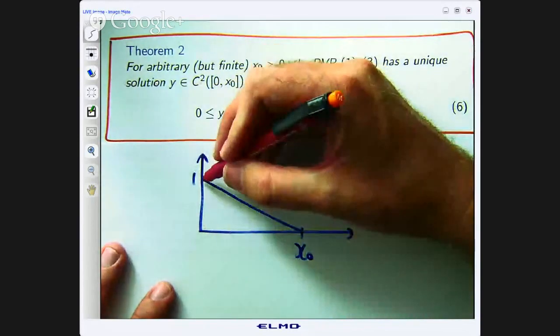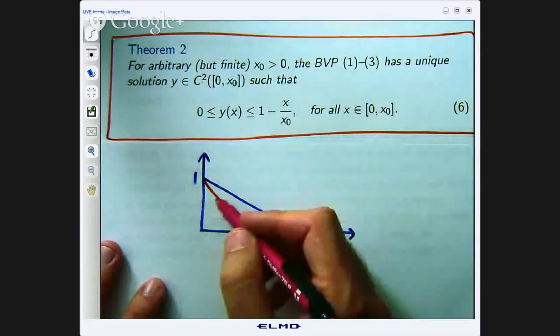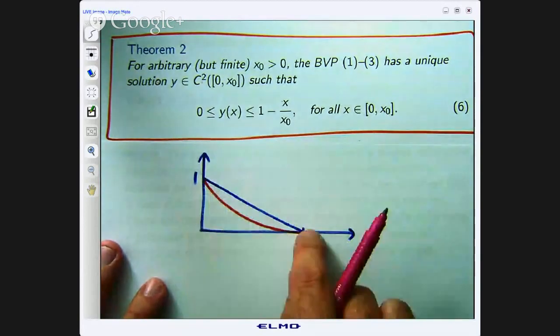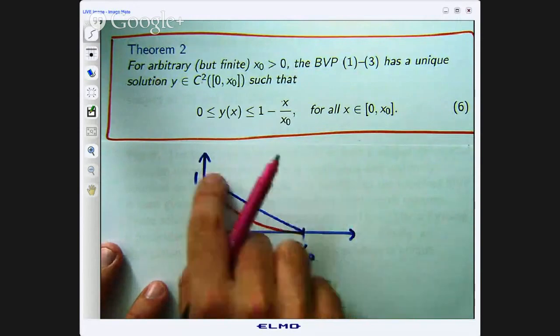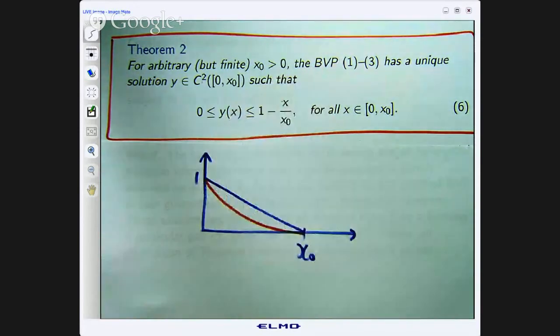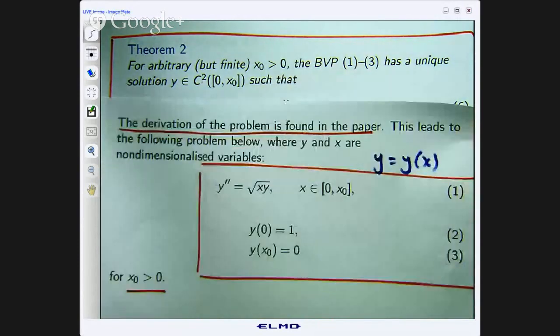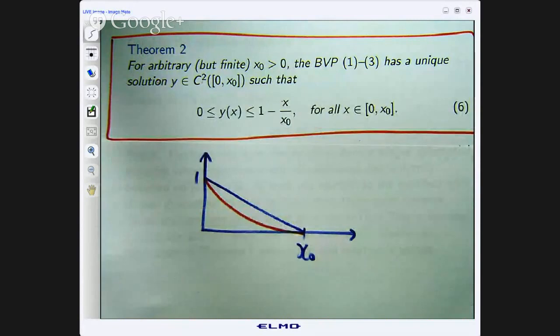So it might look something like this. All right, so this little triangle is the set, I guess, that contains the solution to our Thomas Fermi problem. So that's the location of the solution.